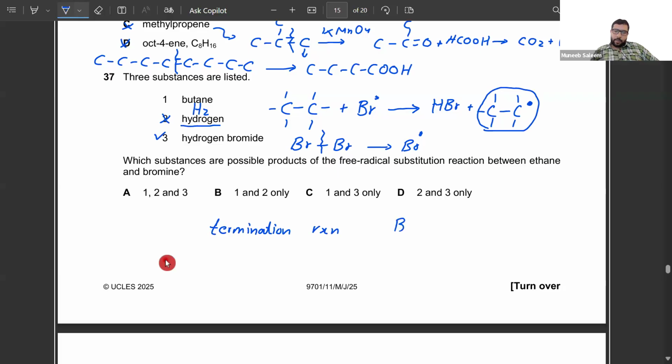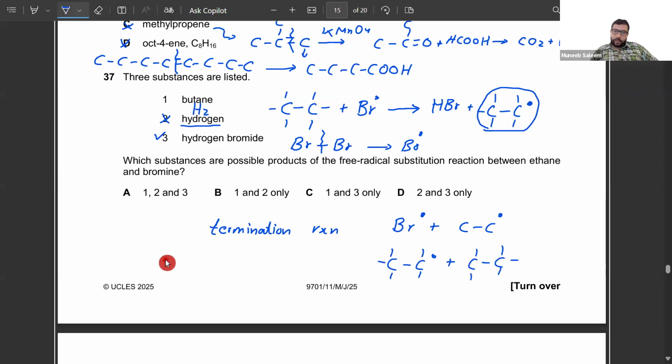It could be a bromine radical reacting with the ethyl radical, or a bromine radical reacting with another bromine radical, or an ethyl radical reacting with another ethyl radical. That's also possible.